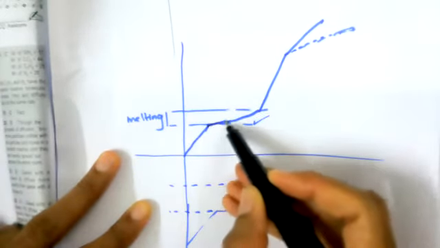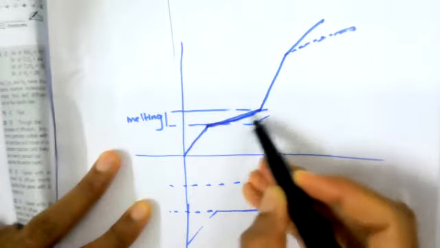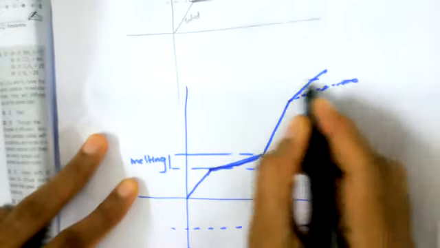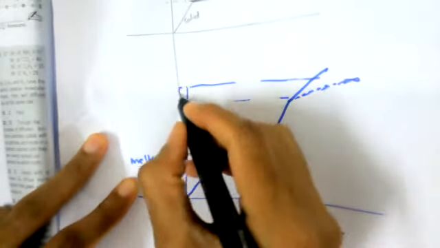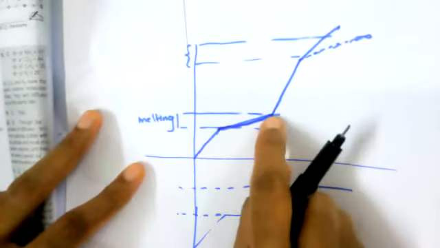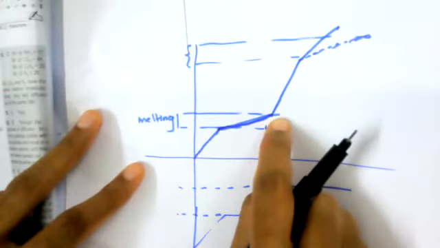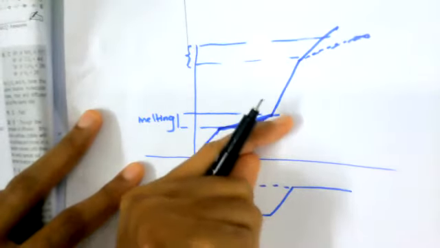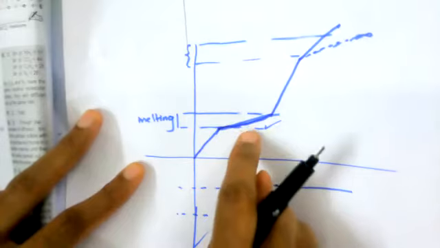You can see how the melting is slightly slanted. Melting is taking place over a range of temperature. Here, boiling will take place over a range of temperature. They can even give you these sorts of graphs and ask which graph is of an impure substance. You will look at these flat parts of the graph. If the flat part of the graph is slightly sloping, slanting, then you know that this is impure.